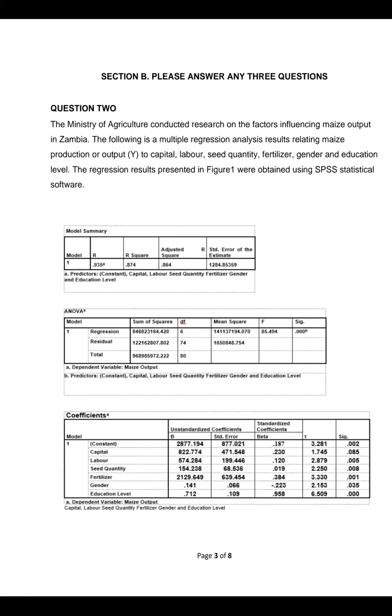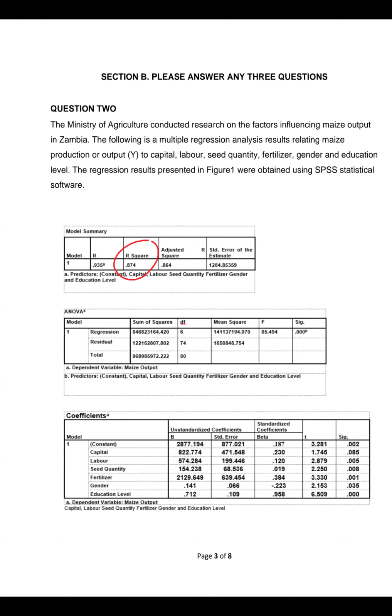Then the R squared, you've seen, is 87%. So it simply means this model is able to explain about 87% of variations in the dependent variable, which is actually maize output. That's what R squared means. And you could explain the adjusted R squared because that's the one that we use.